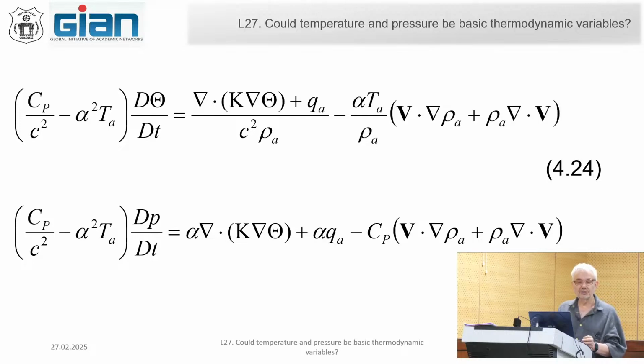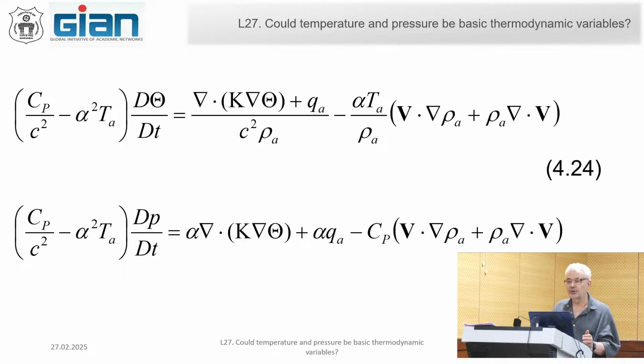We have an extra addition. Before, we used only one equation for the entropy. In this case, when we name the pressure and temperature as the basic thermodynamic variables, instead of one equation for the energy, or more precisely for the entropy, we have to use two equations, one for the superadiabatic temperature and one for the superadiabatic pressure.